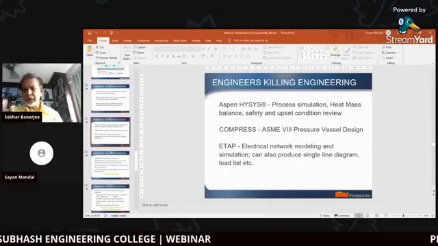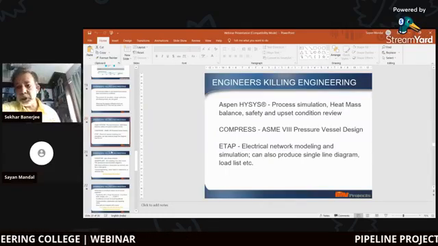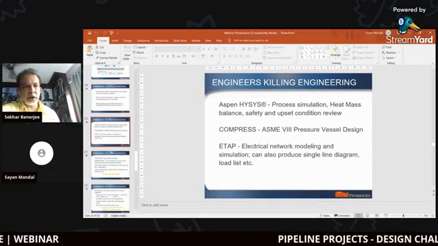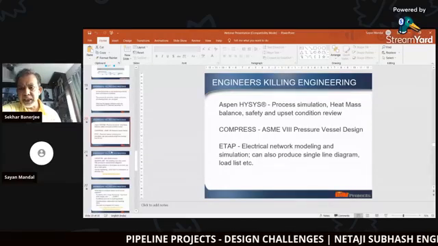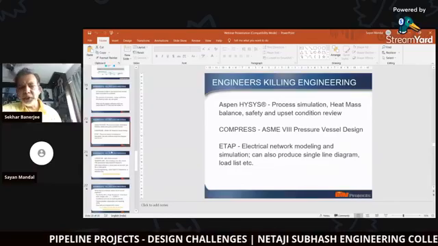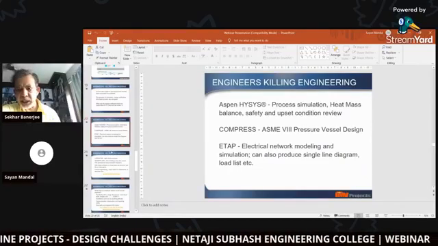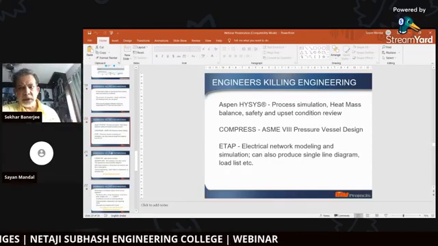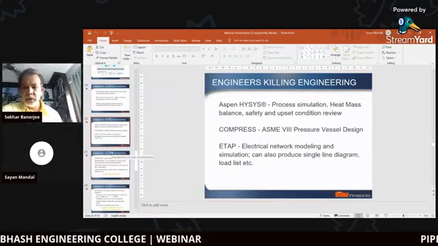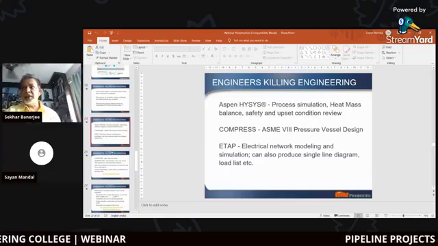Now, probably the most popular process simulation is done by Aspen HYSYS. Aspen is the company's name. The software's name is HYSYS. This is for chemical engineers. It's process simulation software. It does everything.